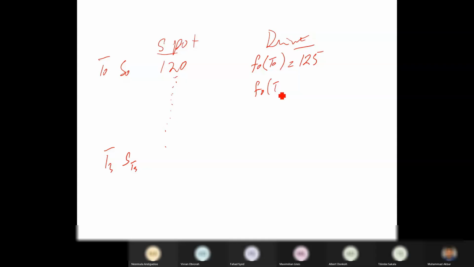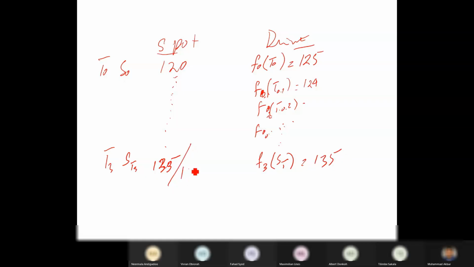Let's make it T0.1, it will be 124, and then the futures price at T0.2, and every day, the price will change until we reach here. It is possible that on this day it will be 100, and if the stock is 135, it will also be 135. If it is 115, this will be 115.